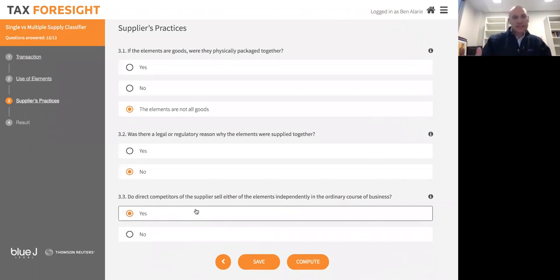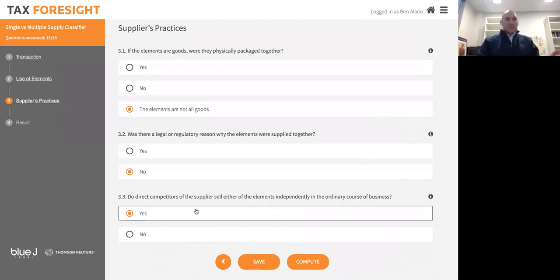So the right answer here is yes, somebody's selling some of these things independently of each other, because when the orthodontist professional corp is acquiring the appliance, or at least the parts of the appliance from a supplier, surely that supplier is not requiring that they also pay for a treatment plan. So there are some other suppliers on the market who are selling at least one of these elements independently. So the right answer to 3.3 should be yes.